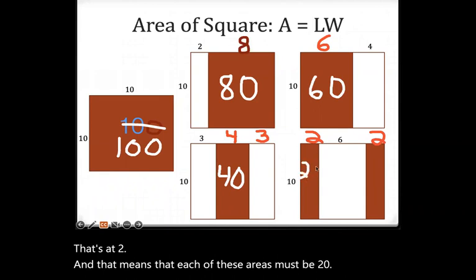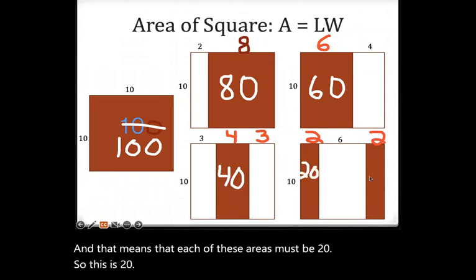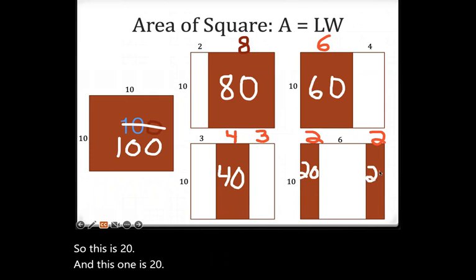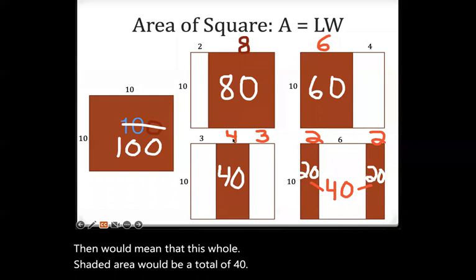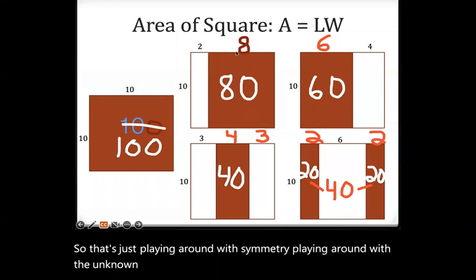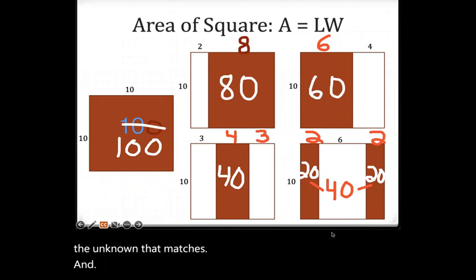So in total, these 2 together would mean that this whole shaded area would be a total of 40. So that's just playing around with symmetry, playing around with the unknown that matches. And that is how we calculate area.